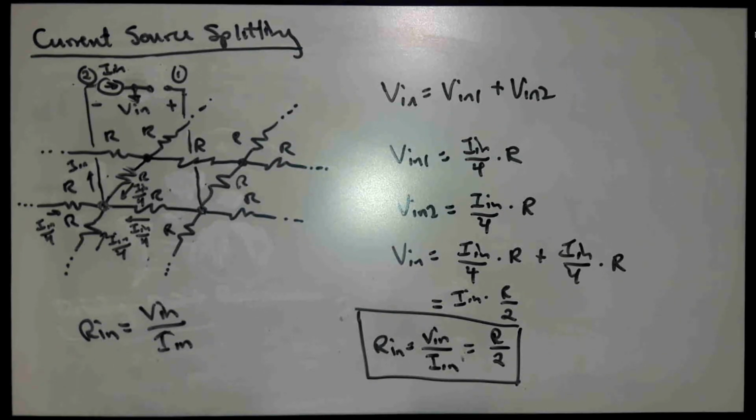I find myself using voltage source splitting usually more than current source splitting. I tend to use current source splitting when I'm dealing with a floating node, or a floating port where I don't have ground on either side, and I need to look at, let's say, the resistance seen looking into that port, like in this situation.